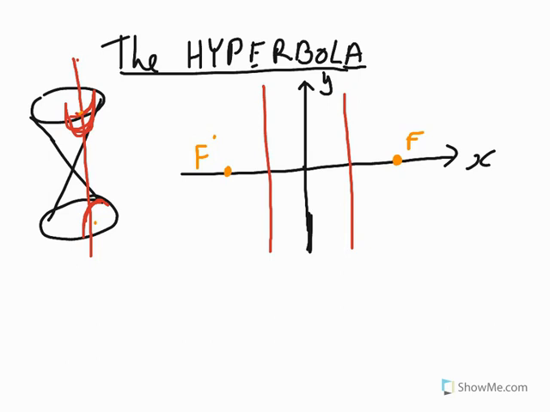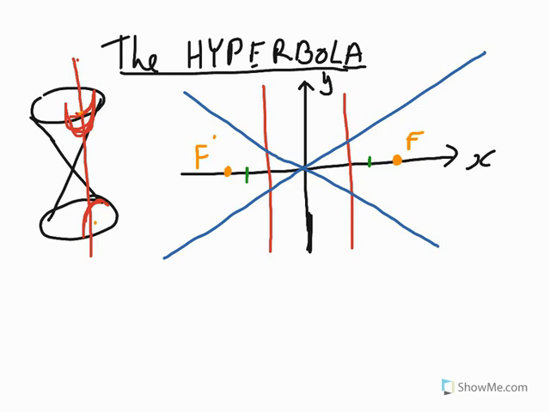And the line itself, we have a vertex here, another vertex there, and we have a couple of asymptotes. And so there's our asymptotes going like this, and so our curve goes something like that in some way.